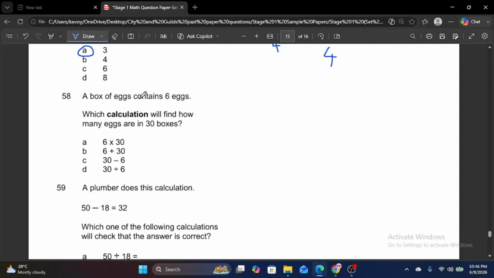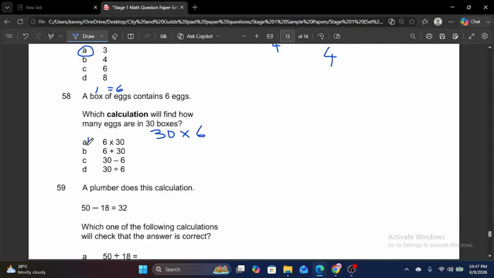A box of eggs contains 6 eggs. Which calculation will find how many eggs are in 30 boxes? So if one box has 6 eggs, then how many will be in 30 boxes? You'll have to multiply. So 30 multiplied by 6.